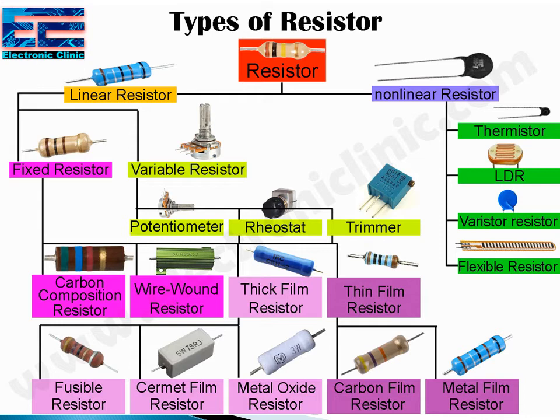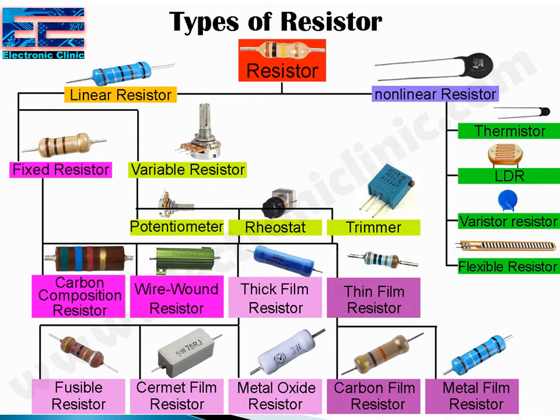It is written as 3W, right? So this is the wattage, it is a 3 watt resistor. Its power rating is given and so on. Variable resistor rheostats are also there. A trimmer is there and so on. So these are some of the types of resistors.